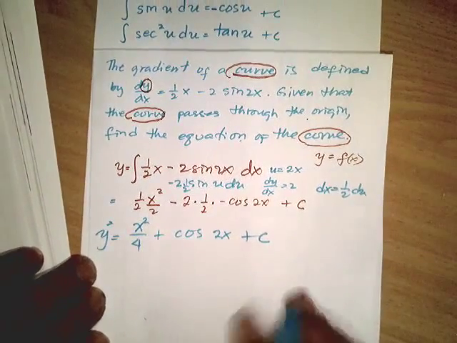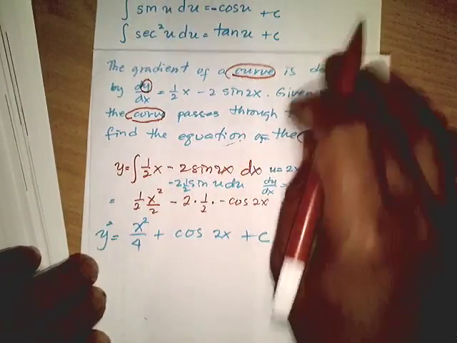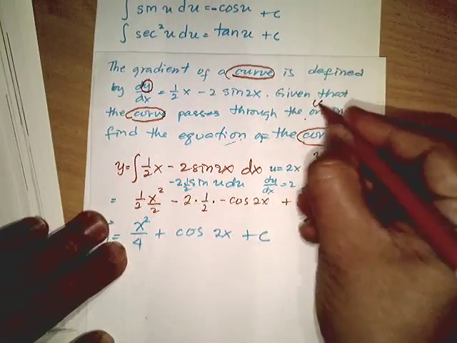When you look at the question, it says the curve passes through the origin. The origin is the point (0, 0).